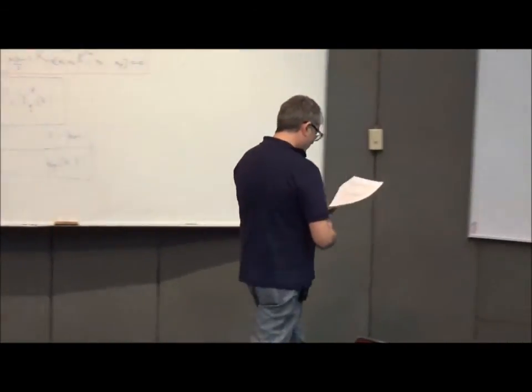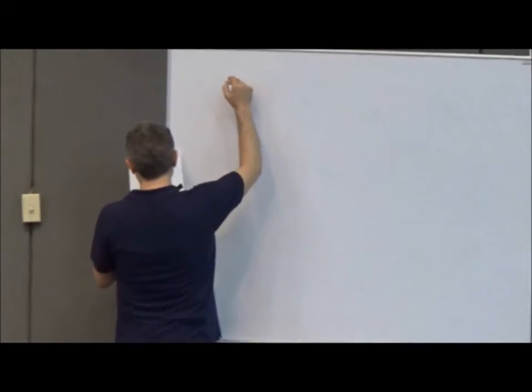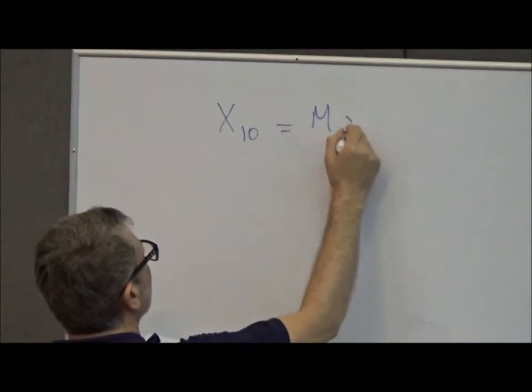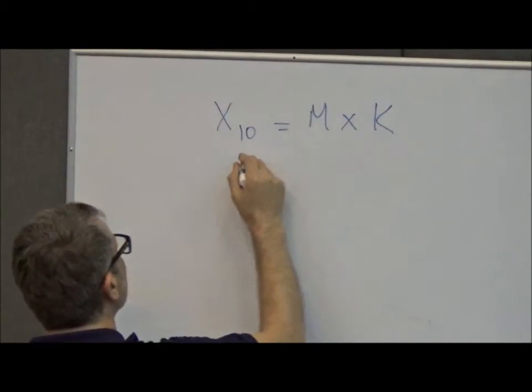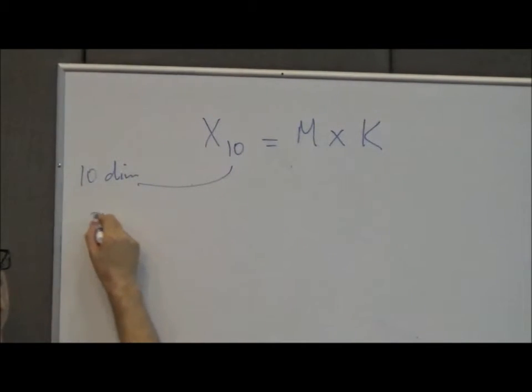All right, so try the following. Take X10 equal to M cross K, 10 dimensions. And take the type 2A theory. In type 2A theory, what are the bosonic fields floating around?